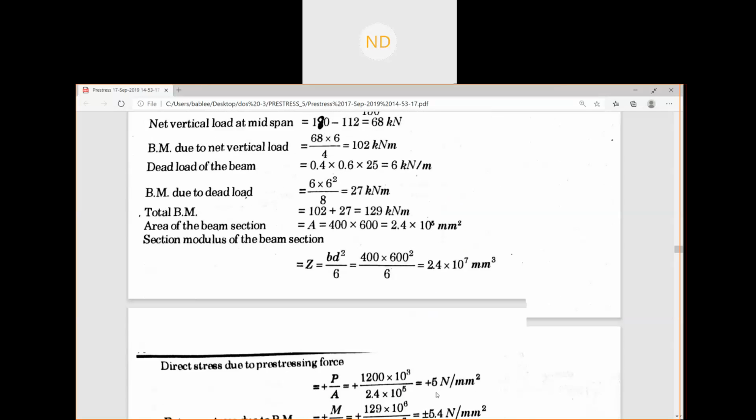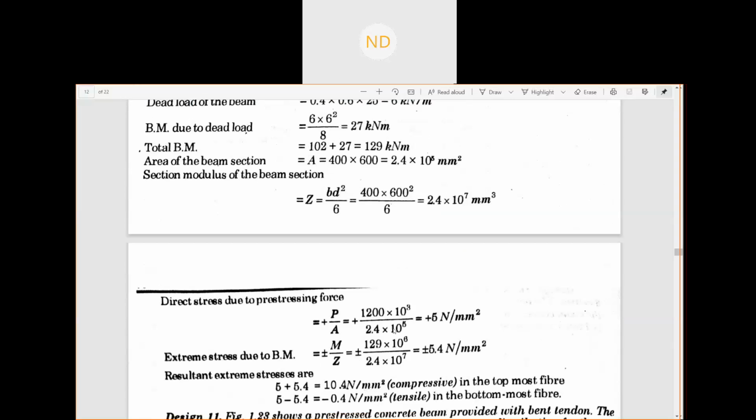P by A is 5 Newton per mm square. Your extreme stress due to bending moment is plus minus M by Z, with M being 129 kilonewton meter. So at the top we got 5 plus 5.4, and at the bottom, the tensile stress will be 5 minus 5.4, which is minus 0.4 Newton per mm square. So it is done.